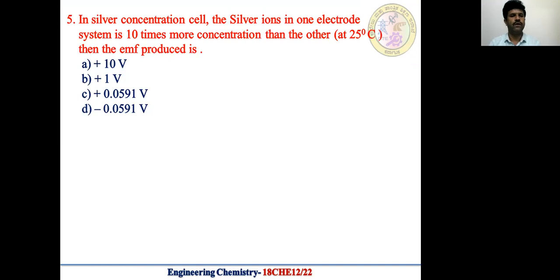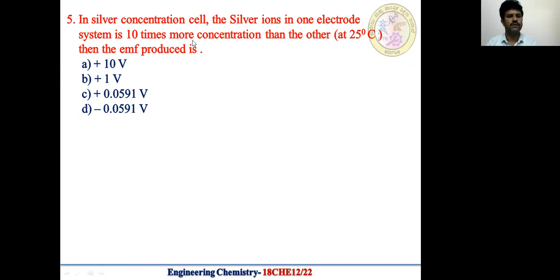Question number 5. In a silver concentration cell, the silver ion concentration in one electrode system is 10 times more than the other at 25 degrees Celsius. Then the EMF produced is: option A, 10 plus 10 volt; option B, 1 volt; option C, plus 0.0591 volt; option D, minus 0.0591 volt.